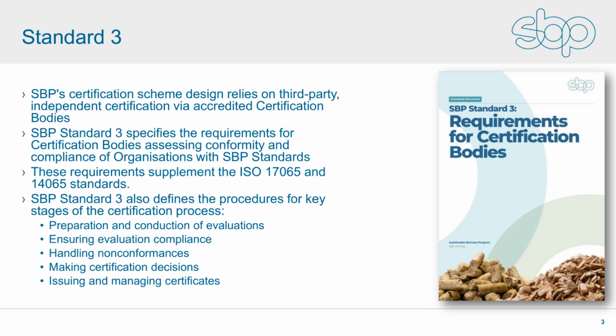These requirements are additional to the requirements of ISO 17065 and 14065 if applicable. SBP Standard 3 defines the requirements to be followed during the key stages of the certification process, including preparing and conducting evaluations, evaluation compliance, handling non-conformances, certification decisions, issuing and managing certificates, etc.